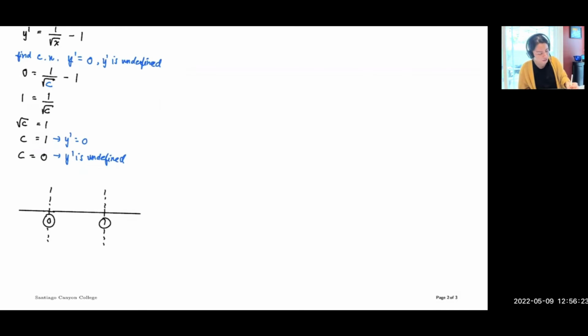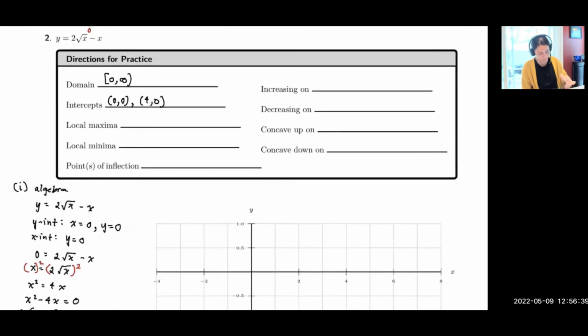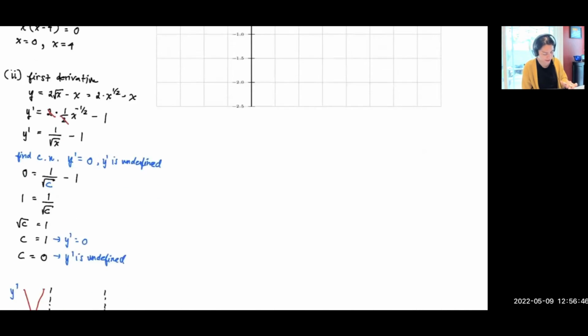So I always say, okay, y prime is the sign of the value, and this is going to be the behavior of y. And then again, I'm not going to do anything to the left of 0 because the domain doesn't include anything left of 0. So I don't have to worry about that.